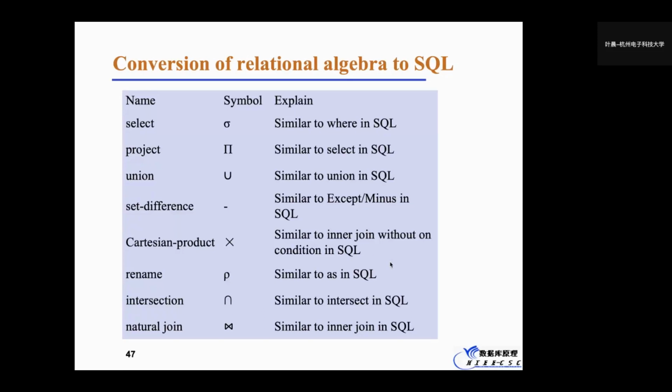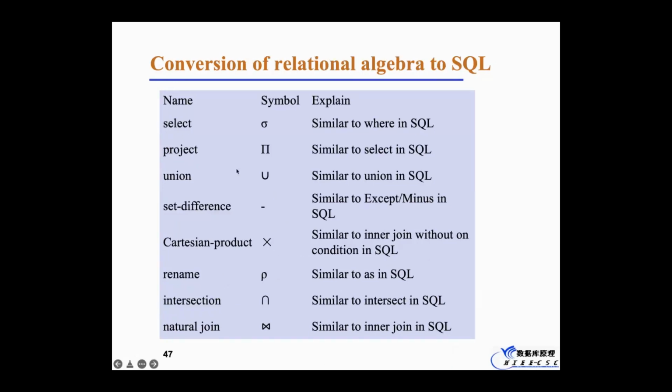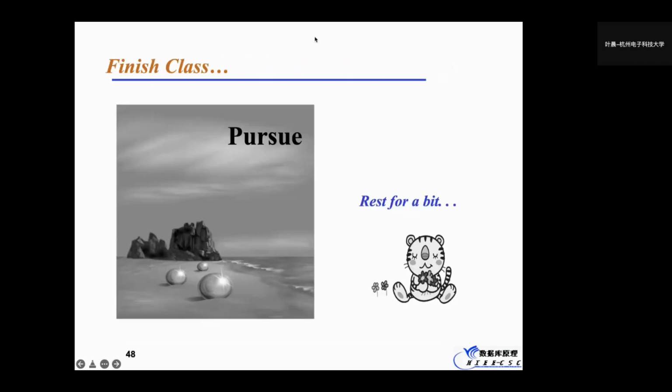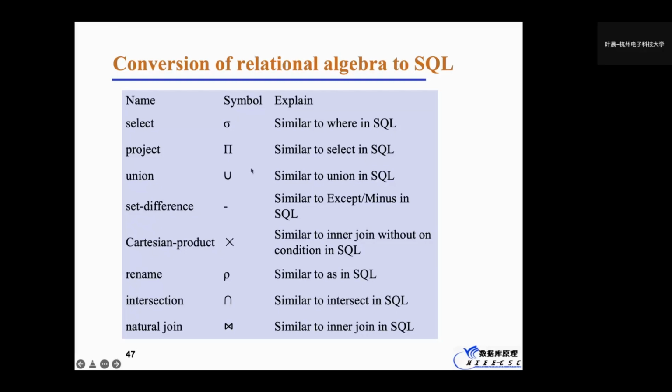So here we can see that the select symbol is similar to WHERE in the SQL language, and the project symbol is similar to SELECT in SQL, and the union symbol is similar to UNION in SQL, and minus is equal to EXCEPT, and the Cartesian product is similar to the inner join without condition in SQL, and the rename we write like this is similar to AS in SQL, and the intersection is similar to INTERSECT in SQL, and the natural join, which we write like this, and the theta join are similar to the inner join in SQL.